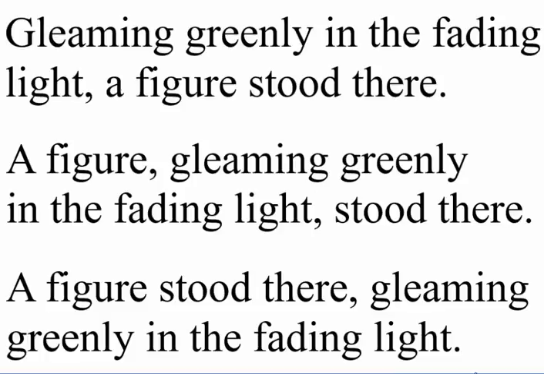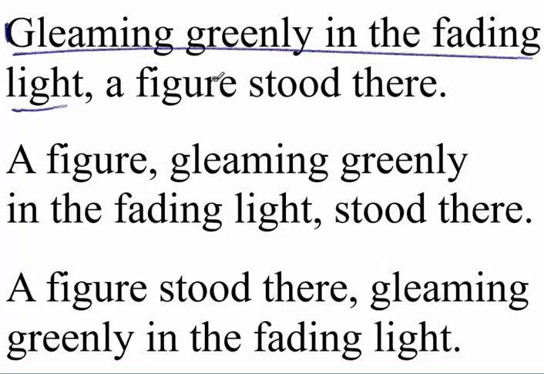So we have our 3 possible options here, and if you look, it's exactly the same words, and the level 1 is exactly the same order of the words, and the level 2 is exactly the same order of the words. It's just where we've placed our free modifier that changes things. So in this example, the free modifier, which is gleaming greenly in the fading light, in the first example here, it's in front of the level 1.